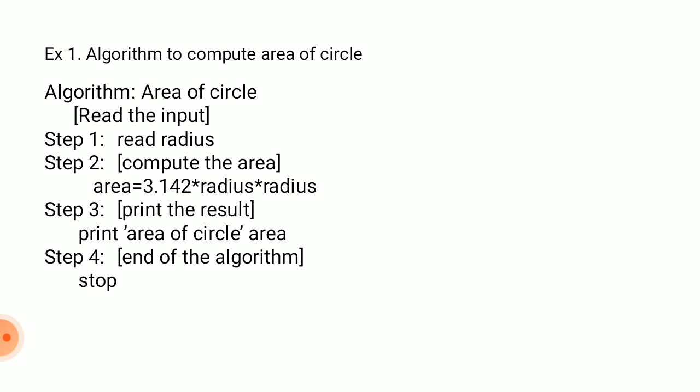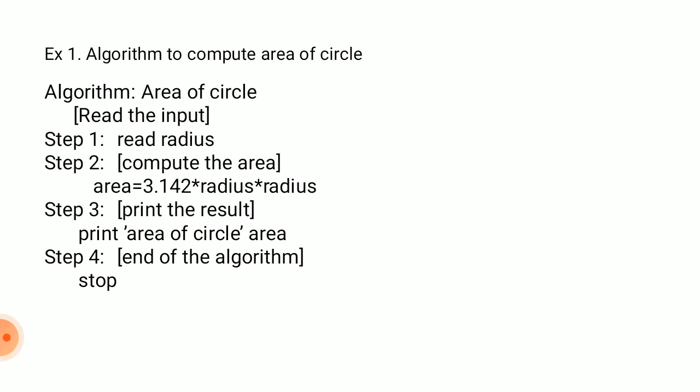Now we will see some examples of how to write an algorithm, according to some notations. As you know, an algorithm is a designing technique used before writing in any programming language. An algorithm is the basic step of a program.